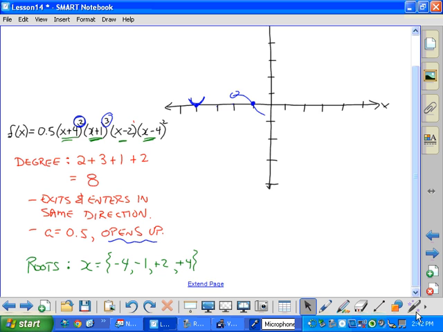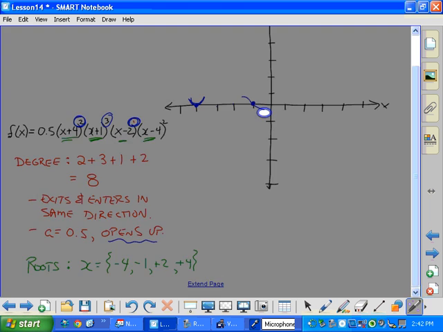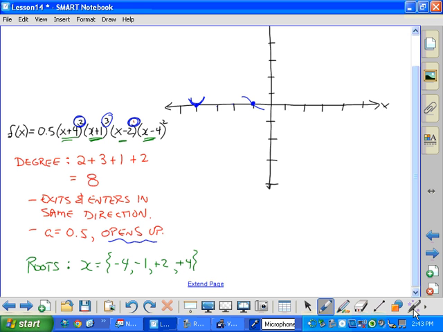Maybe I didn't draw it quite the best here. Let's see if I can do a little better job. All right, that's the S curve. Now at positive 2, it's got to be linear, a line, and I've got to connect this point with it. So I've got to be below the x-axis. At positive 2, it's going to be a little line segment, looks like that.